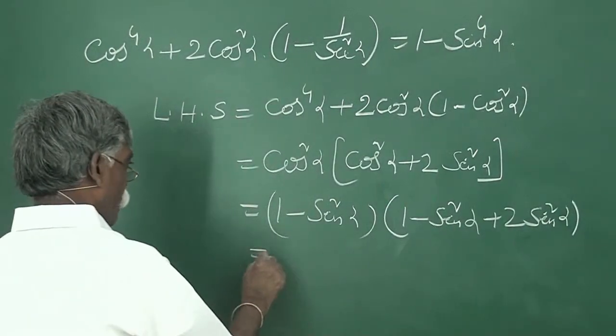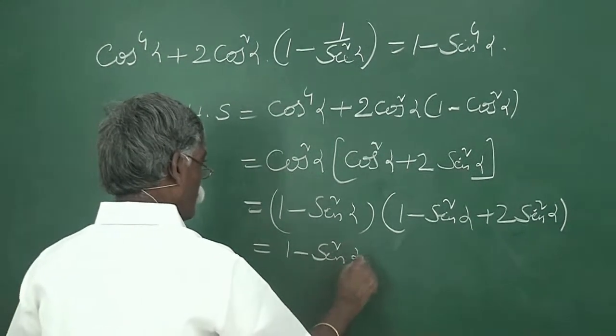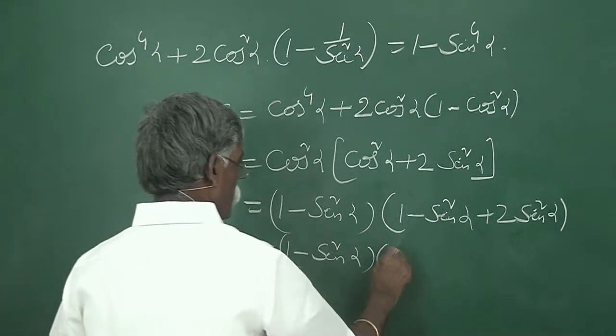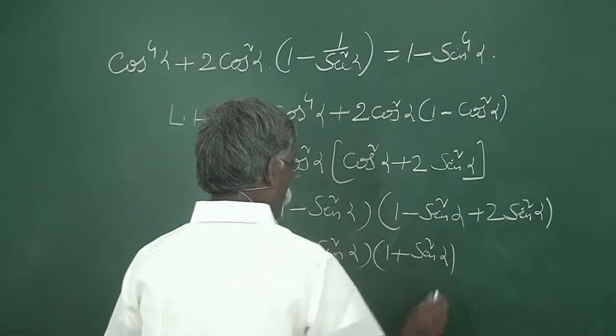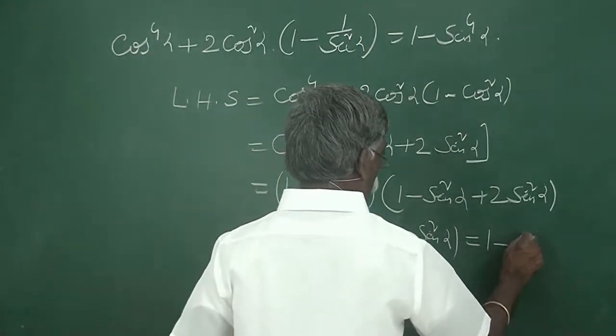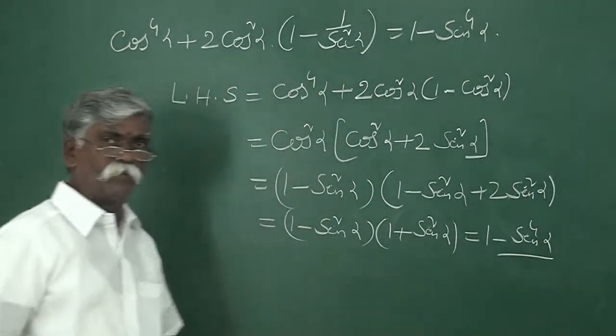Now this is 1 minus sin square alpha, and minus sin square plus 2 sin square becomes 1 plus sin square alpha, and thereby the answer is a minus b into a plus b, 1 minus sine power 4 alpha.